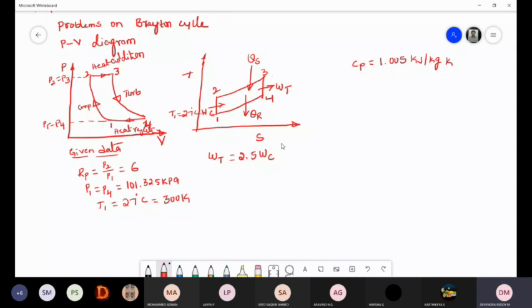What is the gamma value? Note the gamma value: Cp is 1.005 kilojoules per kg Kelvin and gamma is equal to 1.4. Take this gamma value. You tell me in the TS diagram which is the maximum temperature?